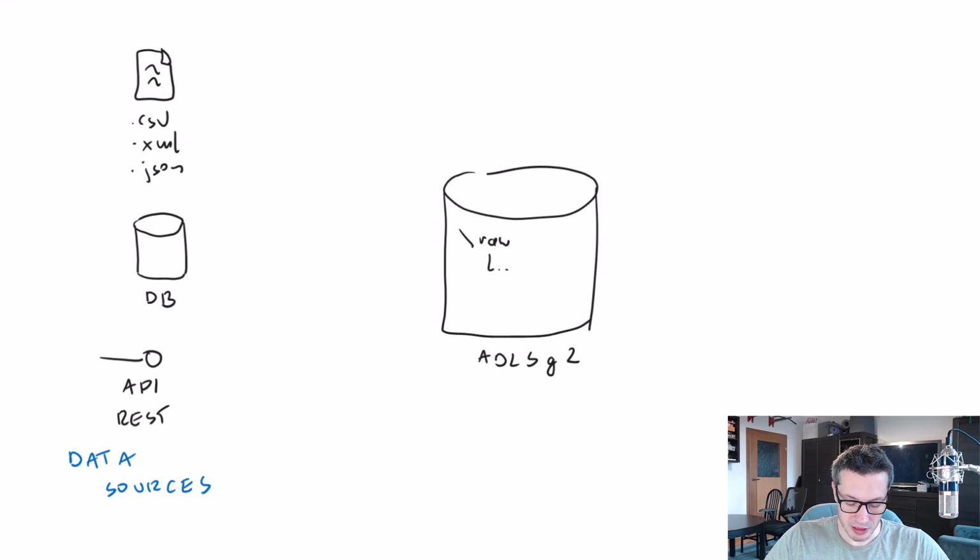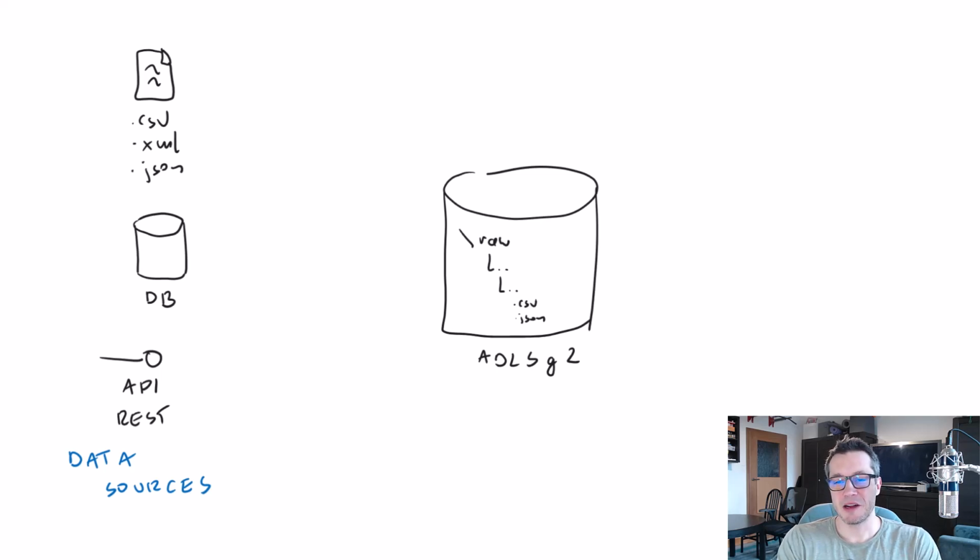Under which we would create a proper structure for various data sources, maybe also partitioned by the ingest date, and at the end, at least in this raw zone, we would store data as files using the native format. So here we might have CSVs, JSON, XMLs, Parquets, and so on.